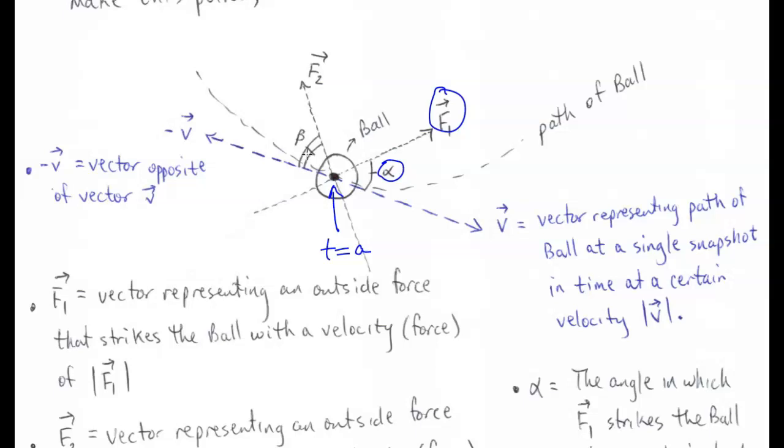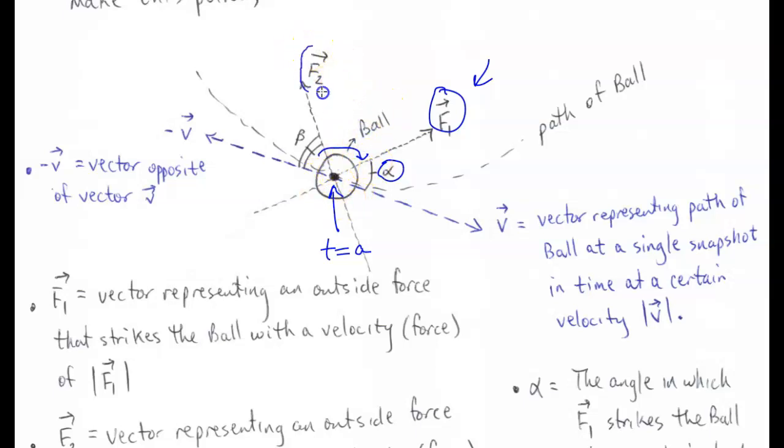So if we take this ball and apply, let's say, force F1 to it, this angle here tells us that when this force hits the ball, the ball is going to be rotating in a clockwise motion.